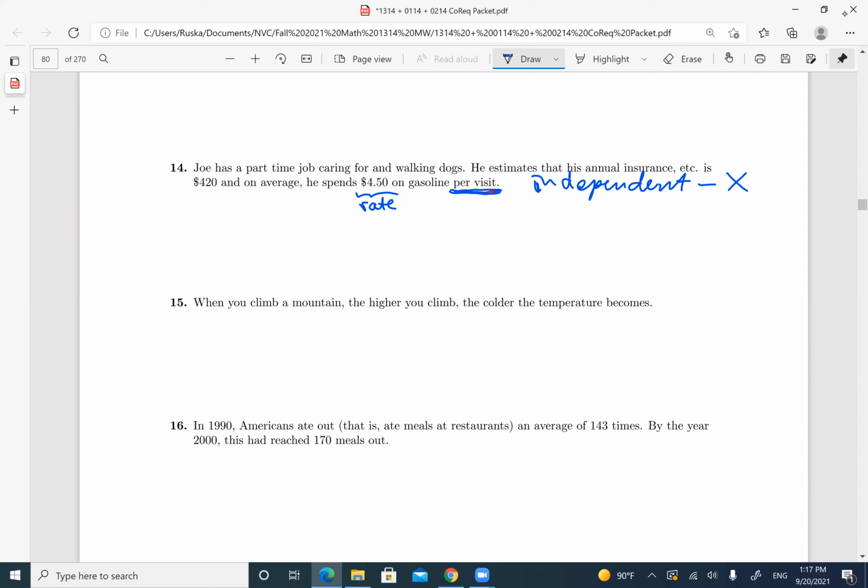So the number of visits is going to affect how much he's going to spend, right? So the independent is X, which is the number of visits. How many visits he's going to make. And the rate is $4.50 per visit on gas. So what else are they asking? What is the dependent variable?